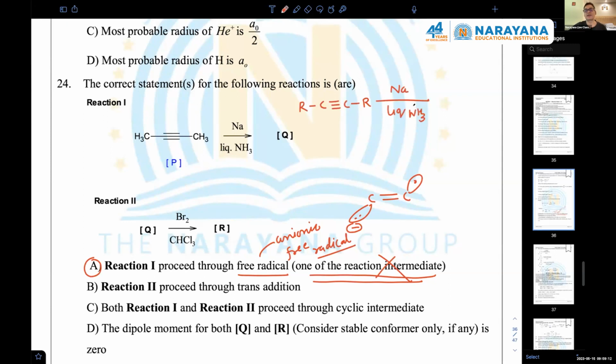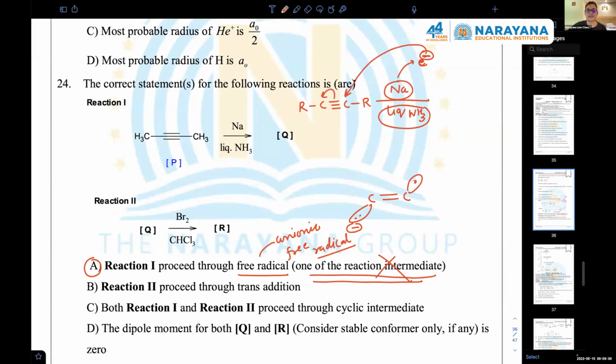Now simply think, liquid ammonia is just like a solvent here. Think about what the metal sodium can maximum do. All the metals have a single tendency, that they always release electron. When they release an electron, they will give it to the alkyne here only.